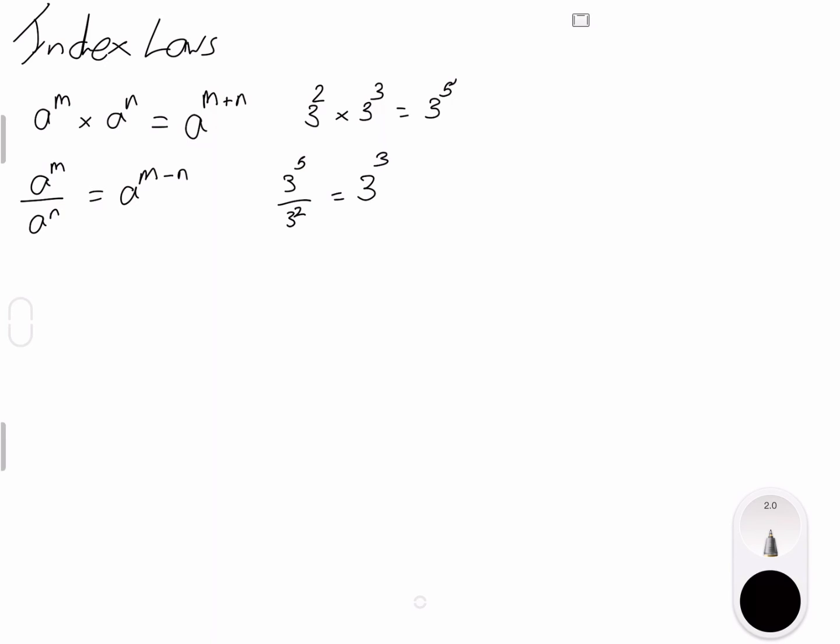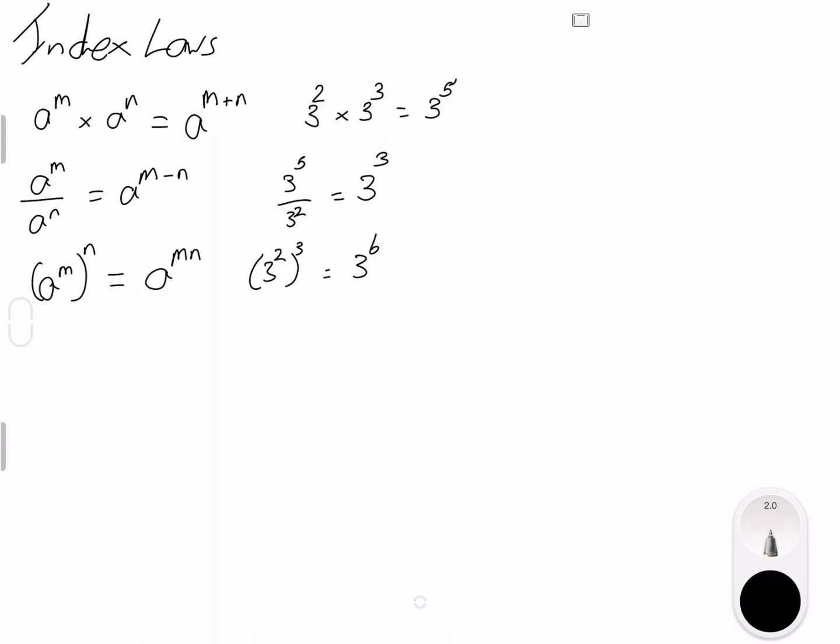Next one, if we've got a to the power of m all to the power of n, that's the same as a to the power of m times n. So 3 to the power of 2, all to the power of 3, is just the same as 3 to the power of 6.